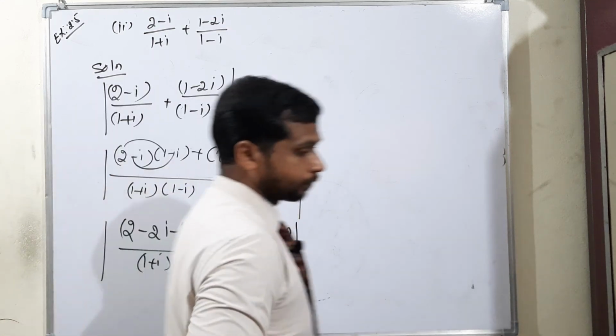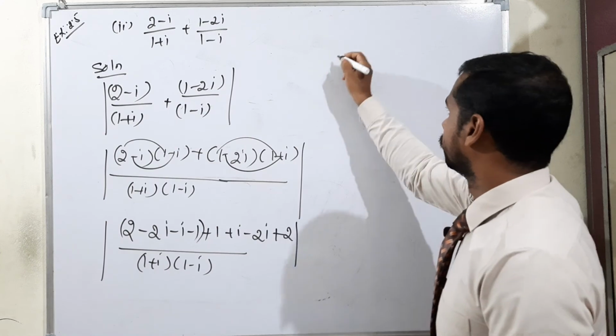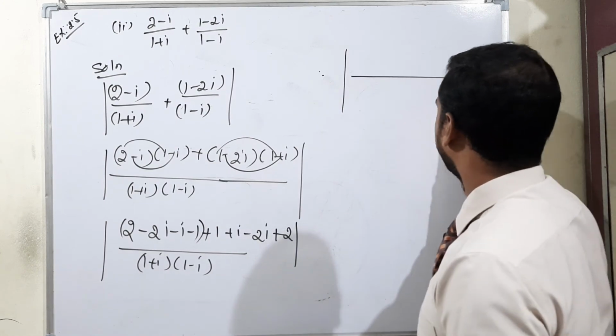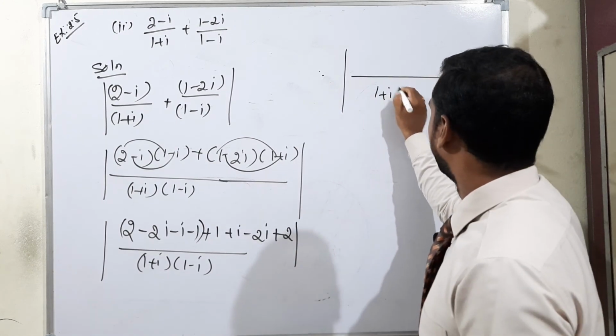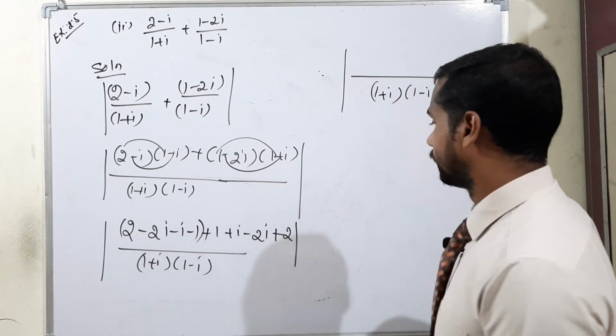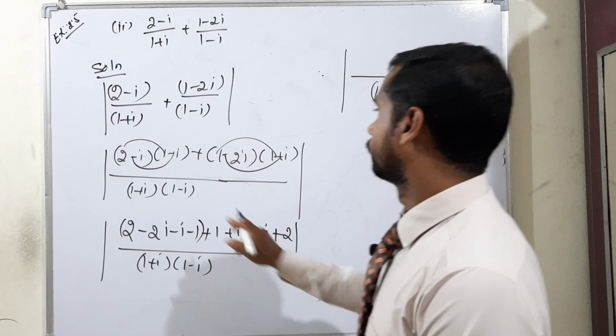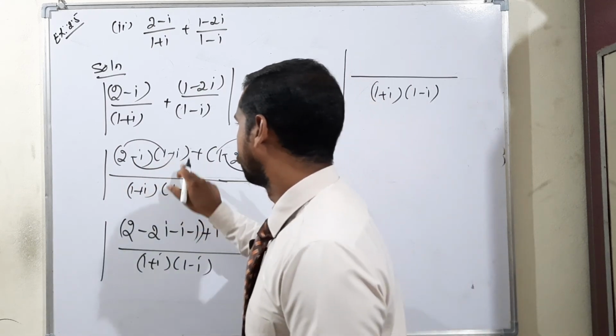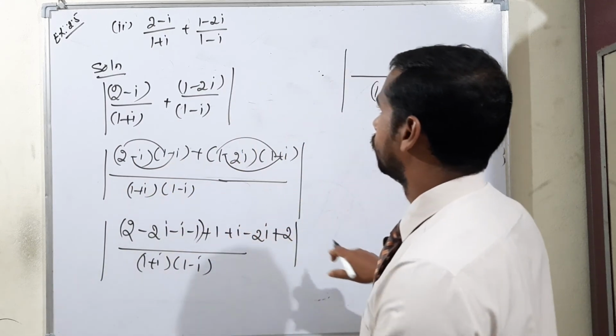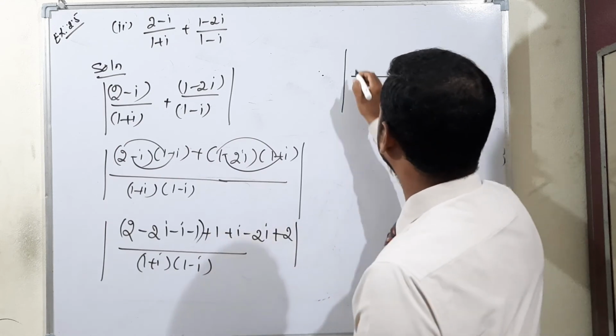Therefore, it is equal to the denominator as it is, (1 plus i) into (1 minus i). So numerator 2 minus 1, so 2 minus 1, 1 will come, isn't it? So 1.